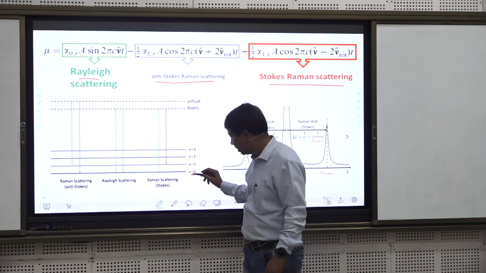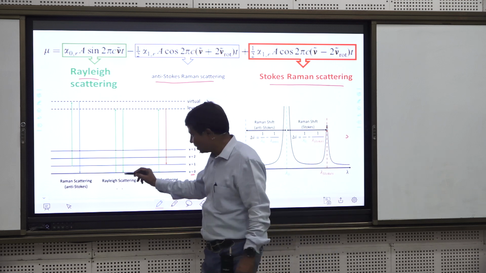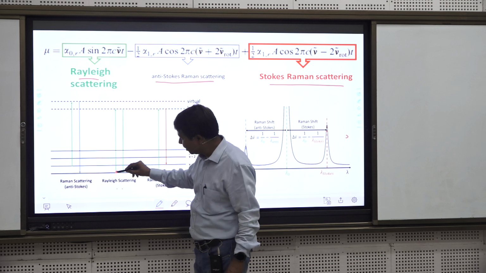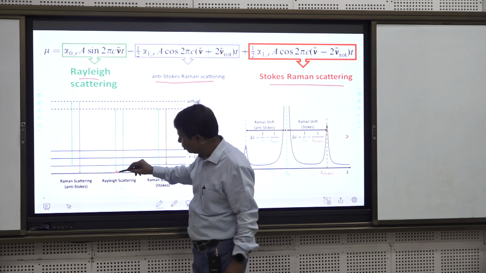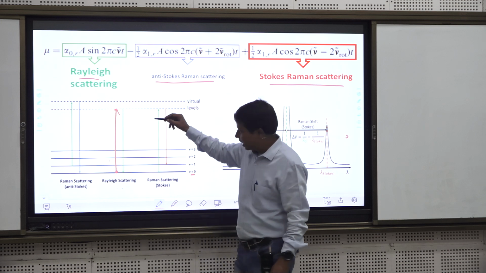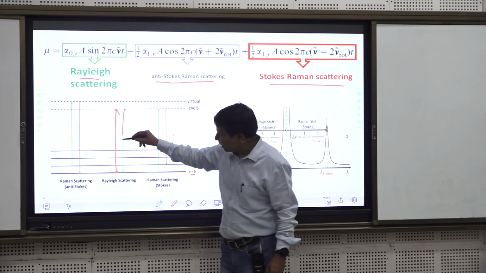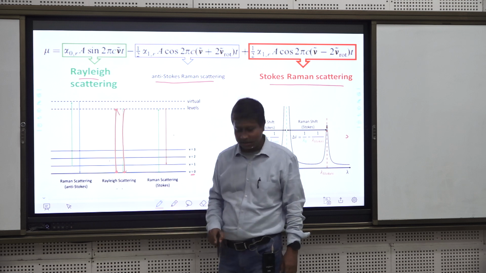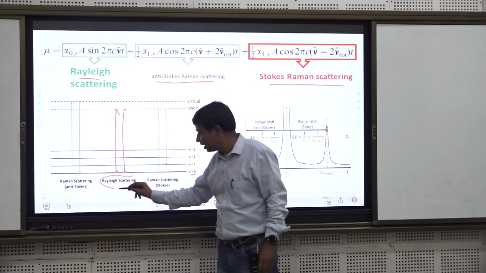Raman spectroscopy. Say your molecule is here, and then it goes to a virtual state, and it comes back directly from there to the originating state. So there is no loss of energy. This is known as Rayleigh scattering.